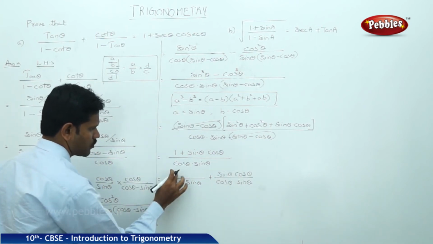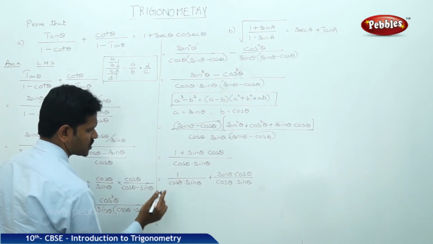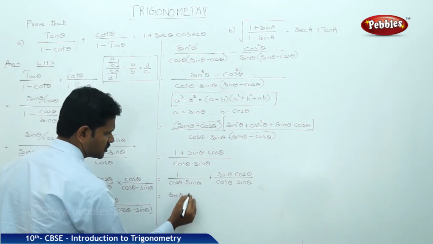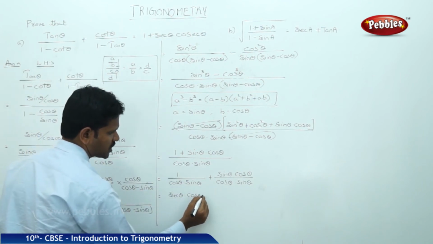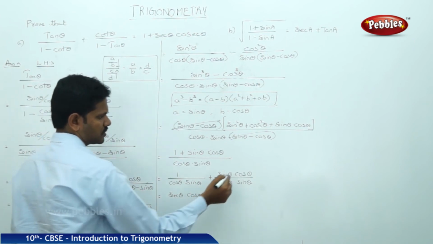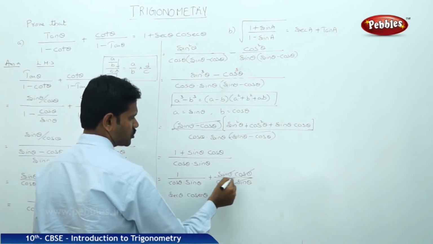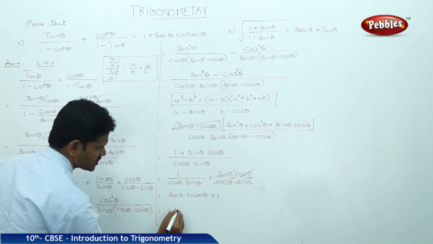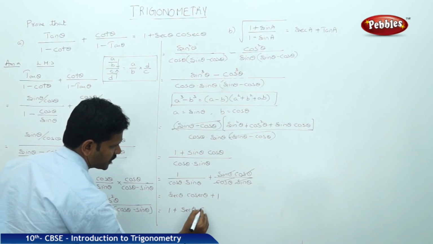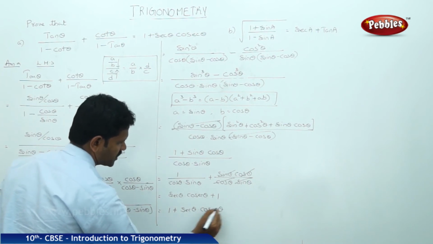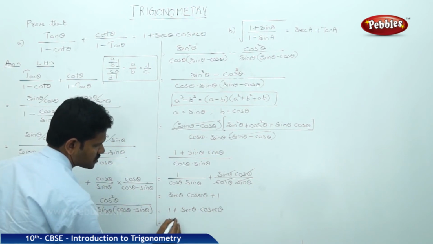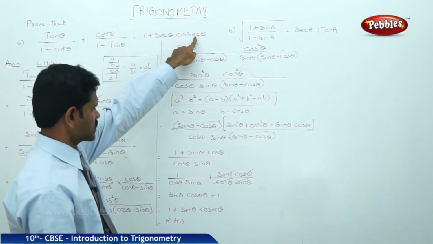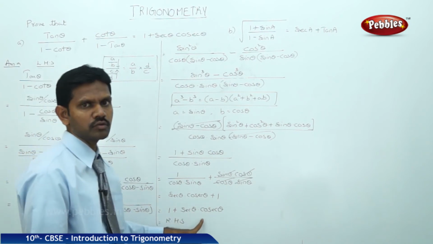That is 1 by cos, nothing but secant theta, 1 by sin, nothing but cosecant theta, plus sin gets cancelled, cos gets cancelled, 1. That is equal to 1 plus secant theta into cosecant theta, which is our RHS.